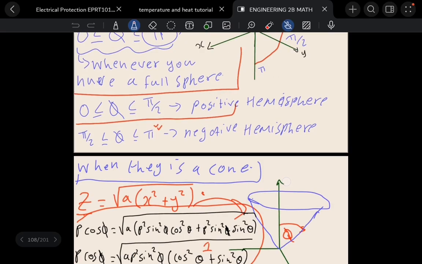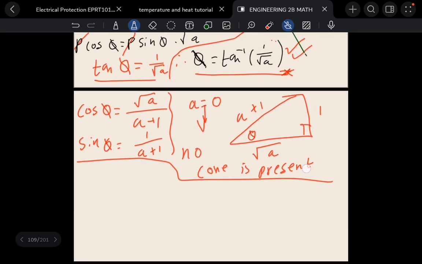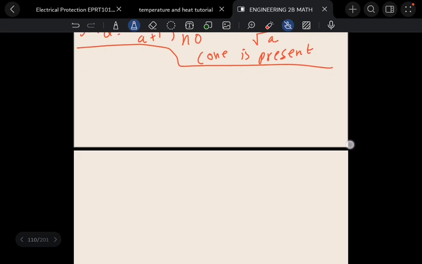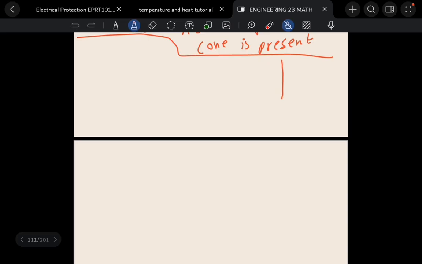Now, what if, because we are working with a cone which is upright, what if your cone is upside down?